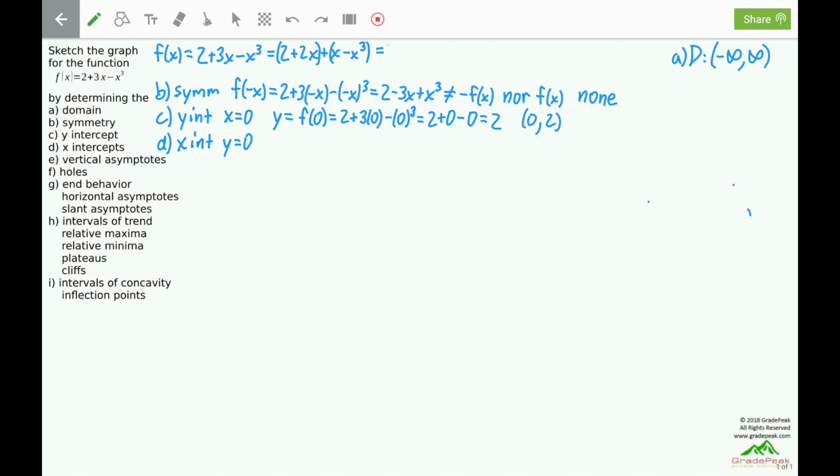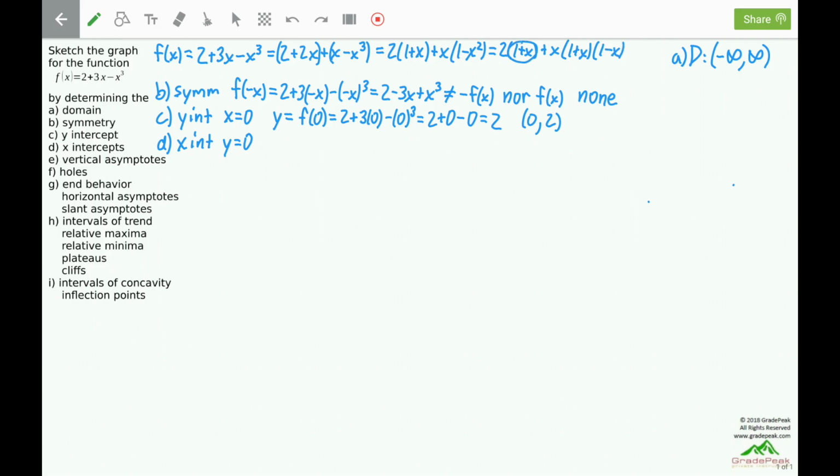There's a common factor of 2 with the first group, leaving a 1 plus x after we factor the 2 out. There's a common factor of x, leaving a 1 minus x squared after we factor the x out. 1 minus x squared factors further, since it's a difference of squares, into 1 plus x and 1 minus x.